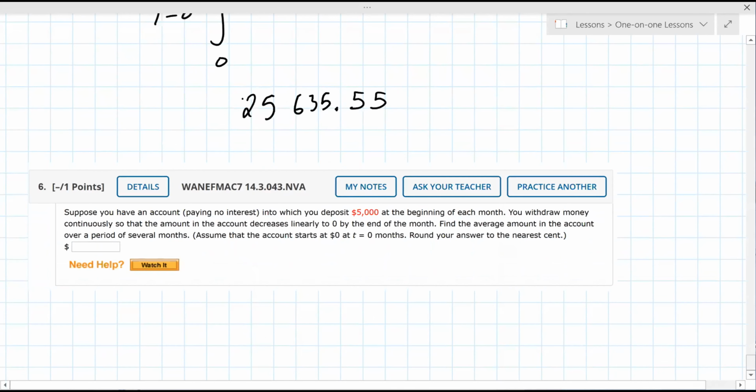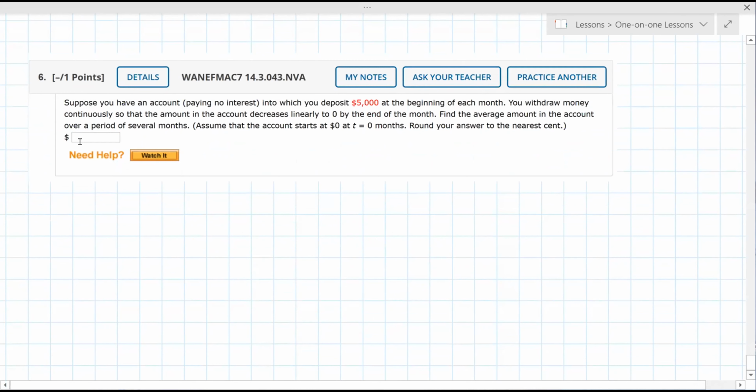Okay, suppose you have an account paying no interest in which you deposit $5,000 at the beginning of each month. You withdraw money continuously so that the amount in the account decreases linearly to 0 by the end of the month. Find the average amount in the account over a period of several months.